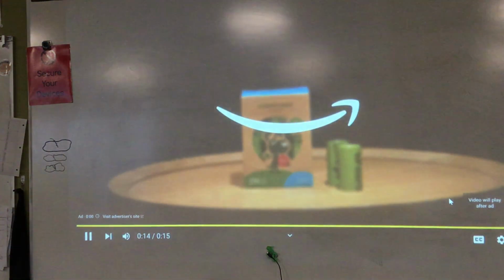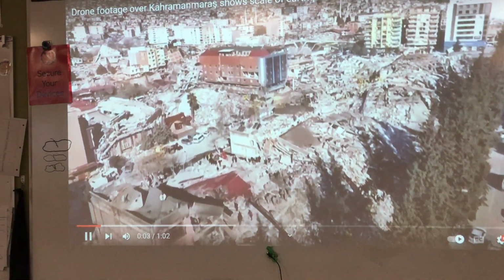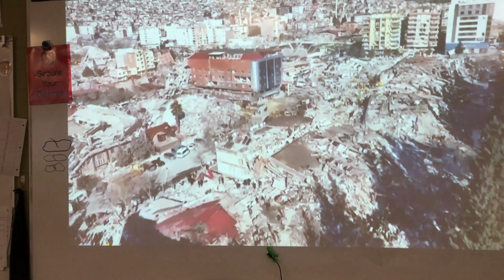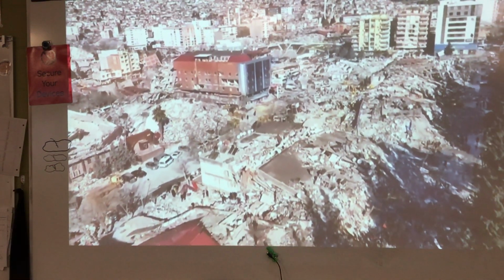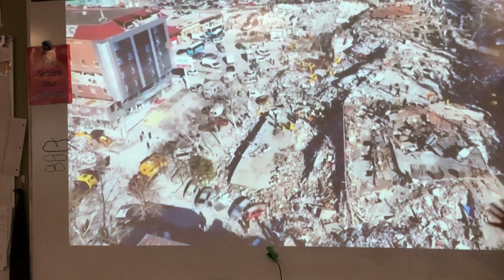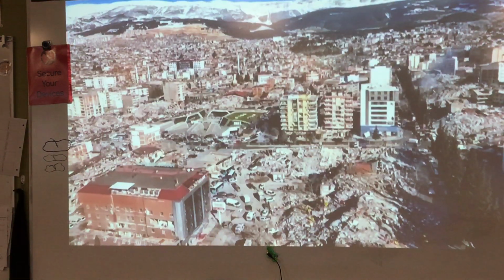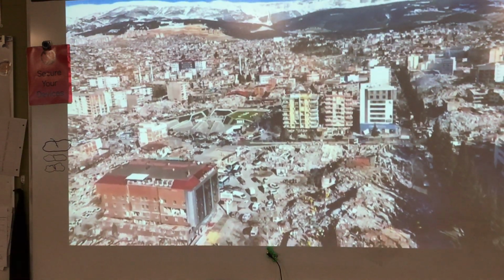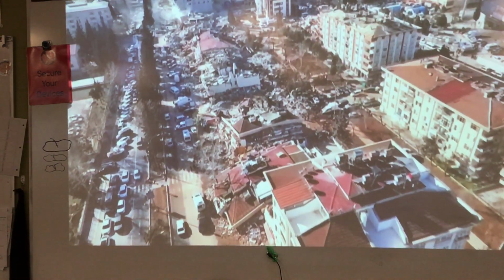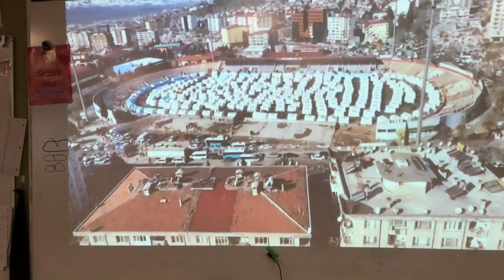I just keep looking at my husband with tears in my eyes thinking we are so blessed. Look at this. Buildings just crumbled. Like somebody physically weathered that. Well, they were physically weathered. Just gone, right? Gone, gone, gone. This was a city. Look at all the cars. Just terrible.